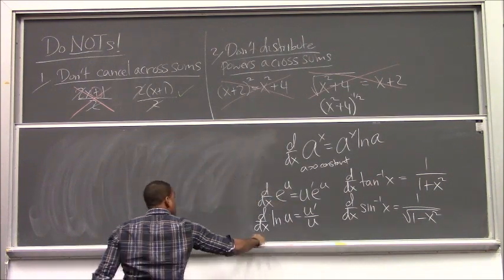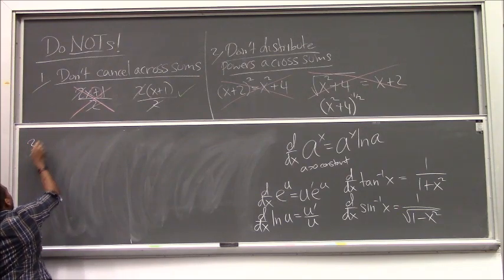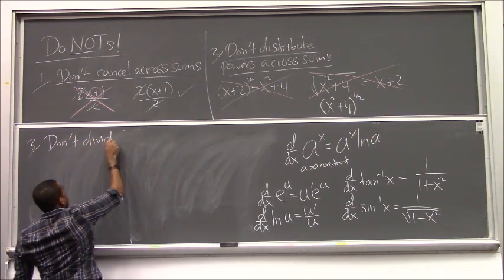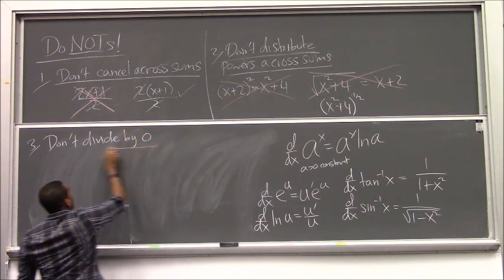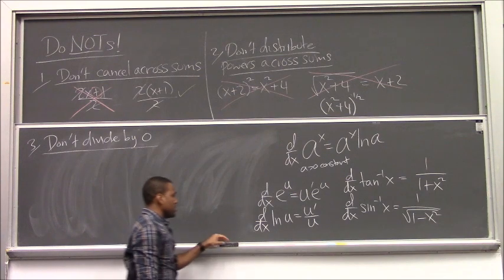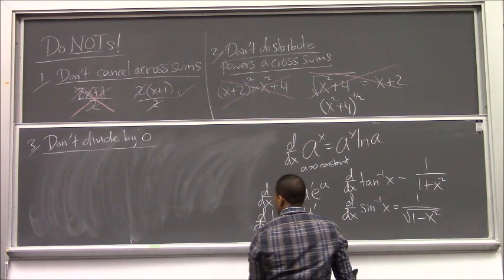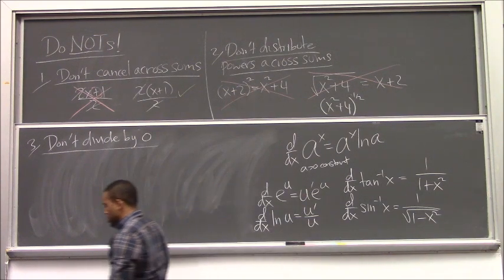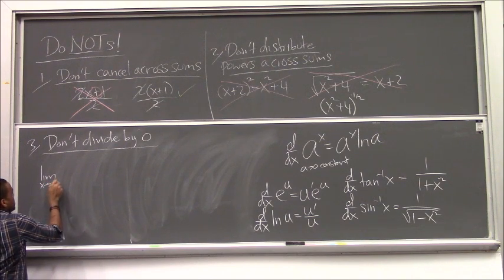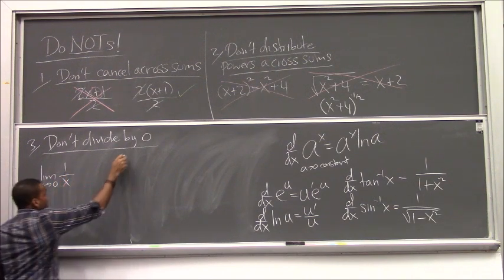Another thing. Always self-explanatory. Don't divide by 0. I see people do it all the time, and they try to convince me that it has some sort of meaning. It is gibberish. Now, you guys are Calc 1 students, so you do know about limits, hopefully, but you, of course, understand that when your denominator is heading to 0, all sorts of things can happen.